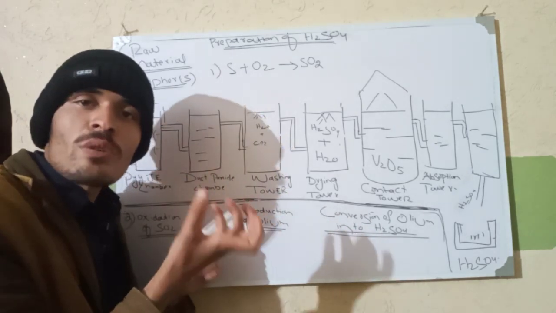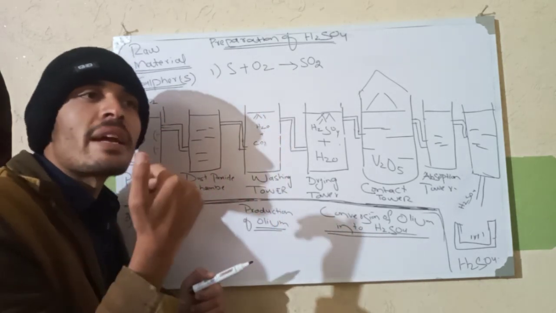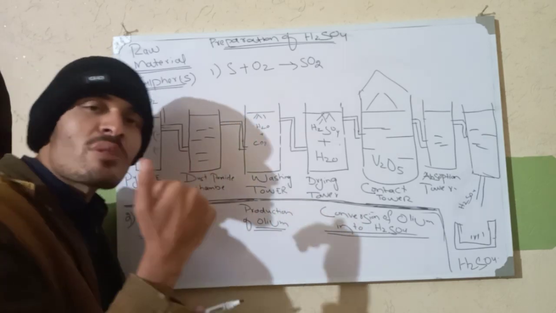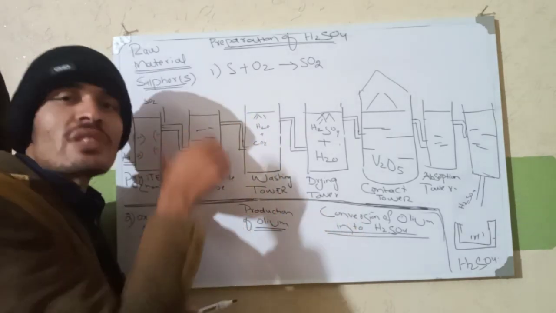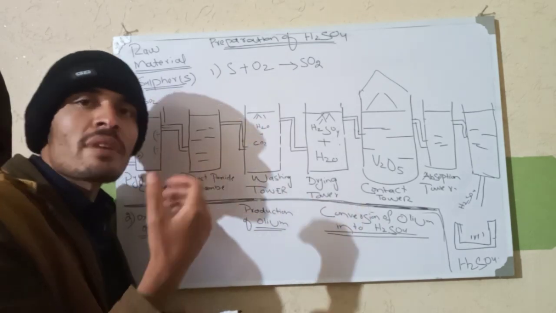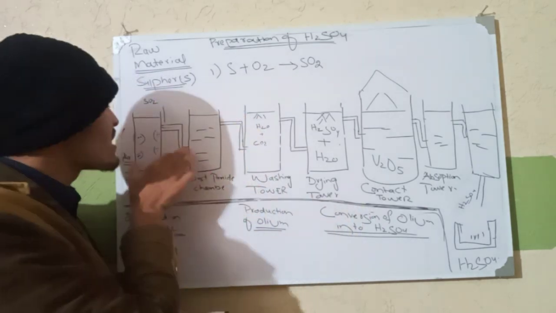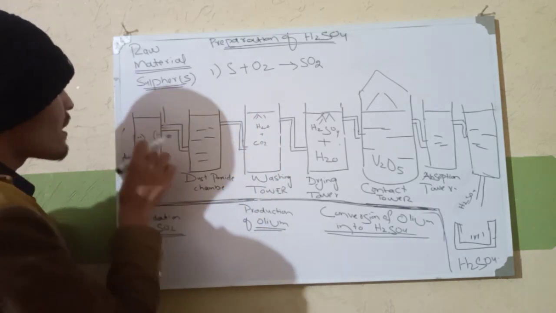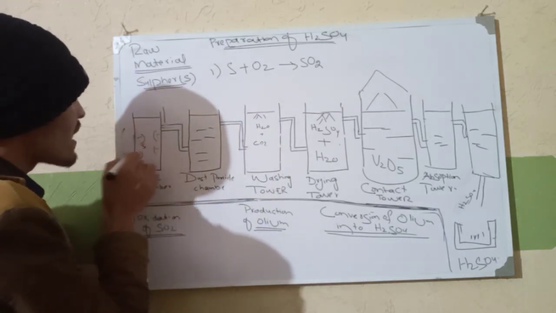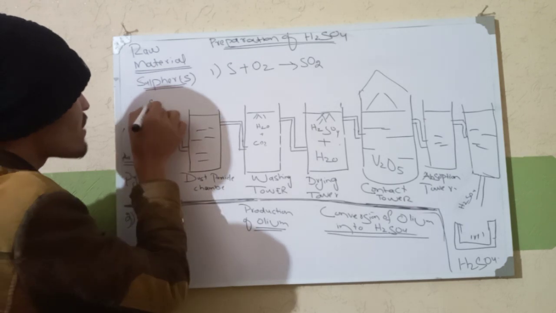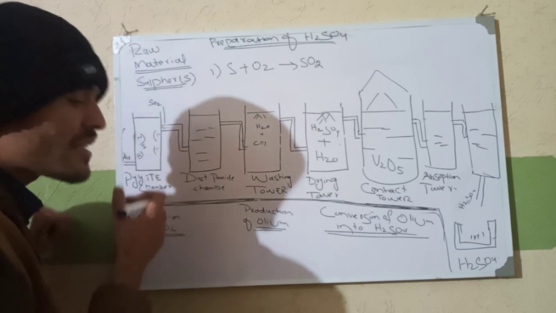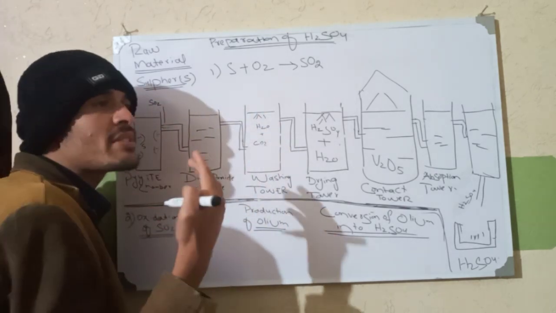Some impurities will be added because this chamber is exposed to the air and we add heat to the sulfur. So sulfur dioxide is produced here: oxygen combines with the sulfur and they form sulfur dioxide, but as I already explained, not only sulfur dioxide is produced, some impurities are added.